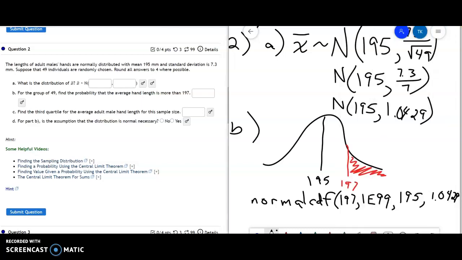When you input that into the calculator, the normal CDF is under the second distribution button, and you type in those 4 values. And I am coming up with approximately 0.0276. Okay, so that is part B.